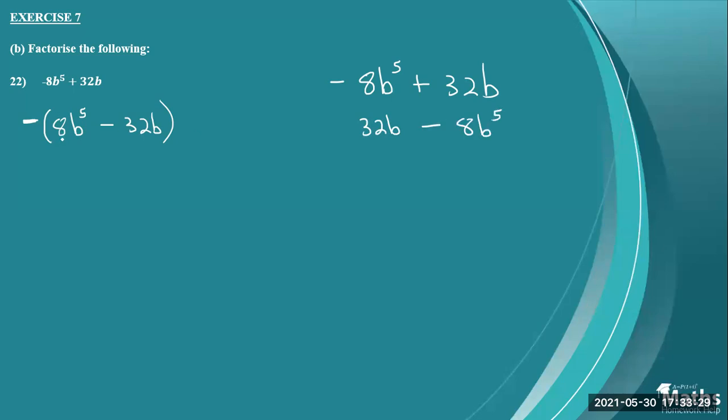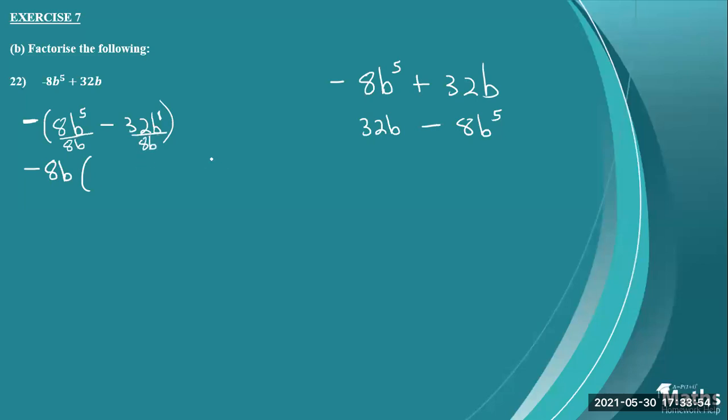Now, what is common here? Because I can't get the square root of 32. So I'm actually going to take out all my common things. I can divide by 8 because 8 goes into 32 4 times. And I can take out 1b because there's 5 and there's 1. So basically, you divide with it.